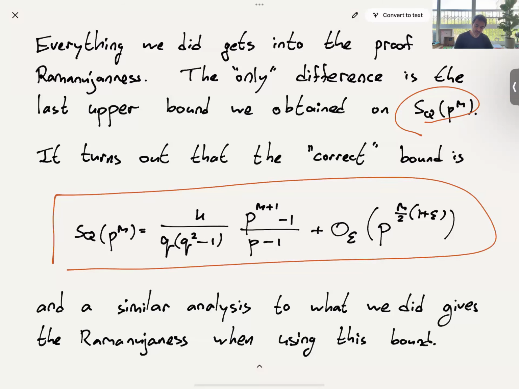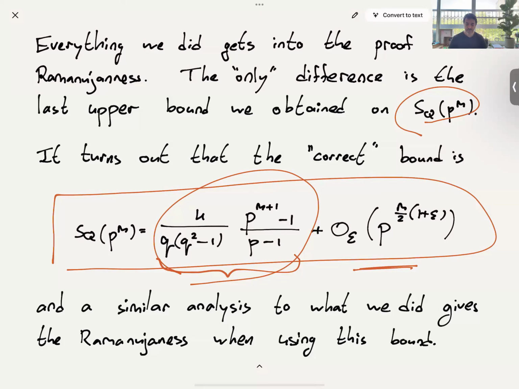So you have this very specific looking expression plus an error term. And it turns out that this very specific looking expression, which is not part of the error term, precisely captures the trivial eigenvalue. So it's there for the right reason. That's the thing you should aim for.